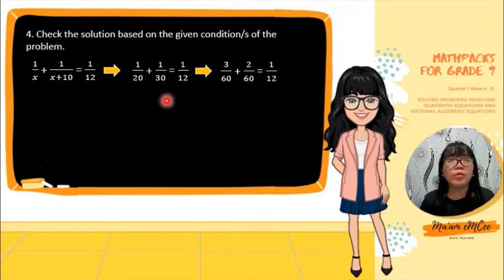We will only multiply our denominators to get the LCD if their common factor is only 1. If the common factor is only 1, then multiply the denominators to get the LCD. But in this case, the common factor of 20 and 30 is not just equal to 1. They still have a common factor, which is 10.